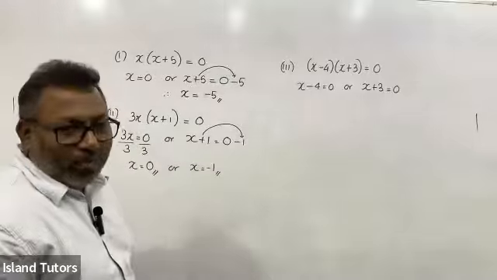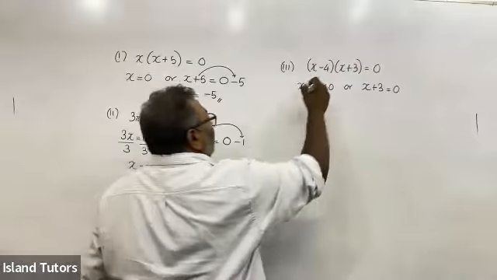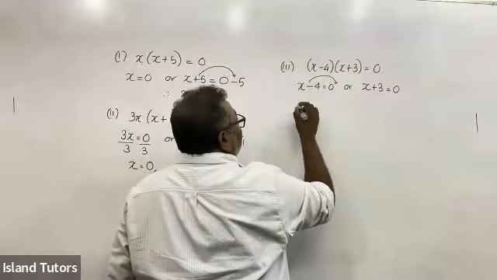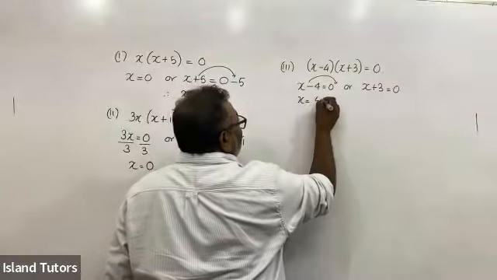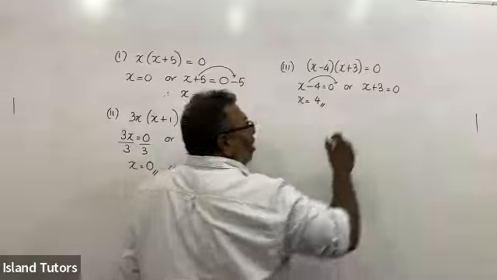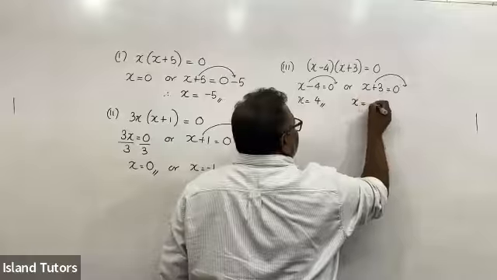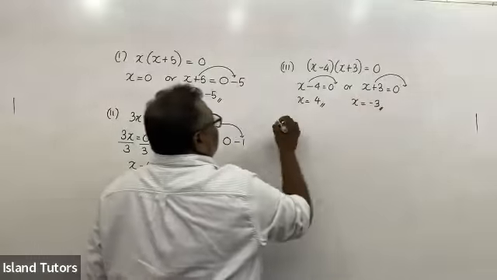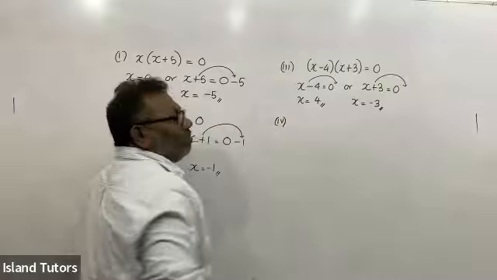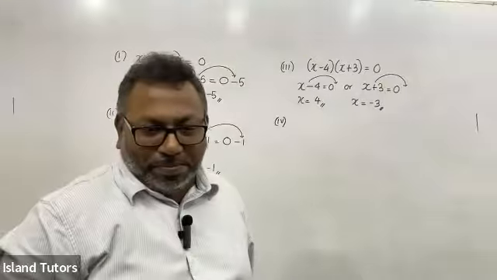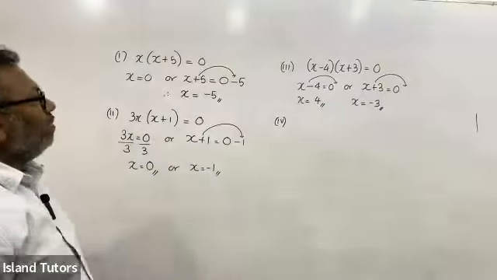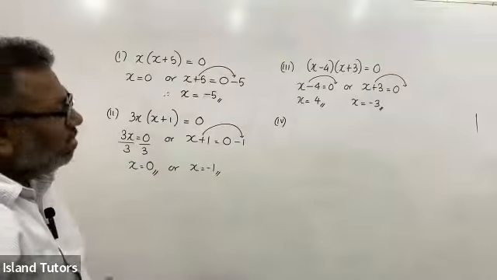So we need to find out what x is then. X will be, minus 4 will come to this side, x is equal to 4, or when plus 3 will come to this side, x is equal to minus 3. Got it? Okay? Third type of quadratic equation.